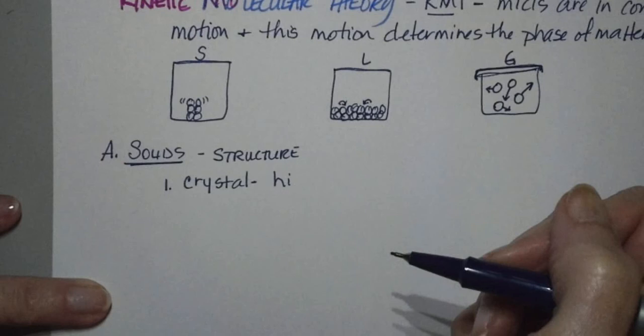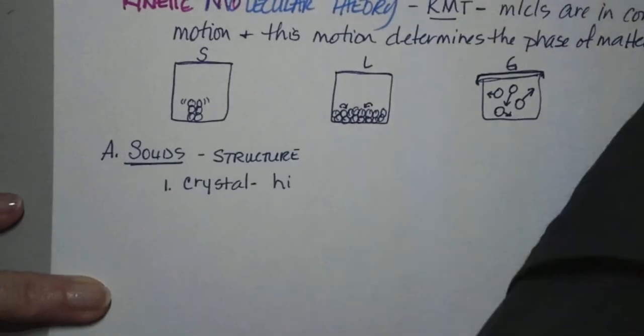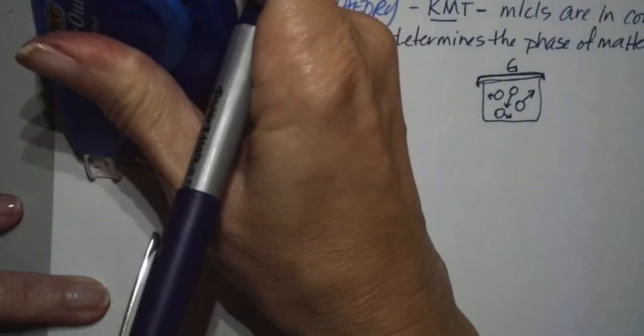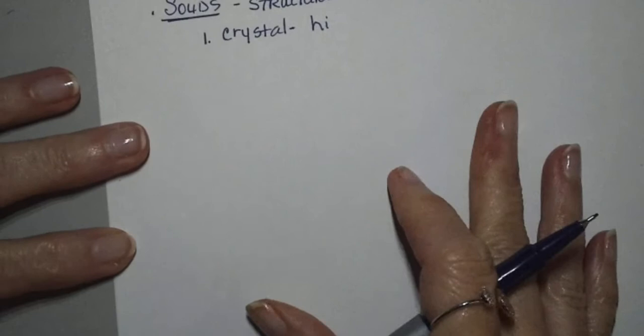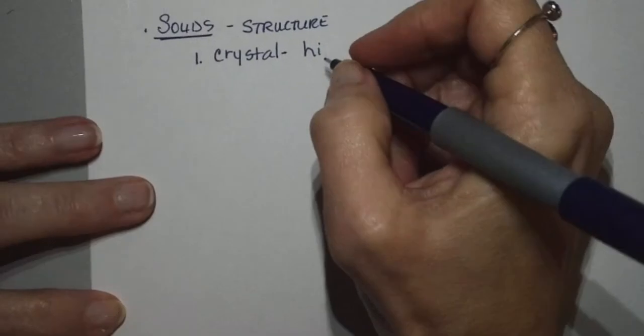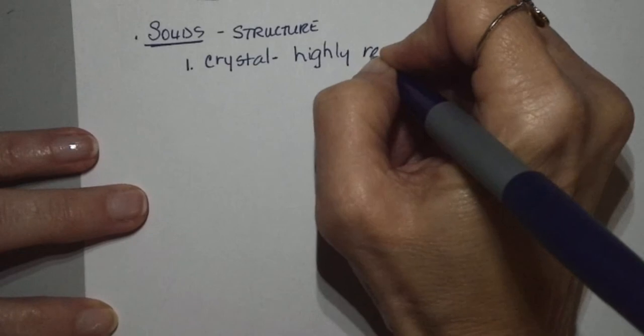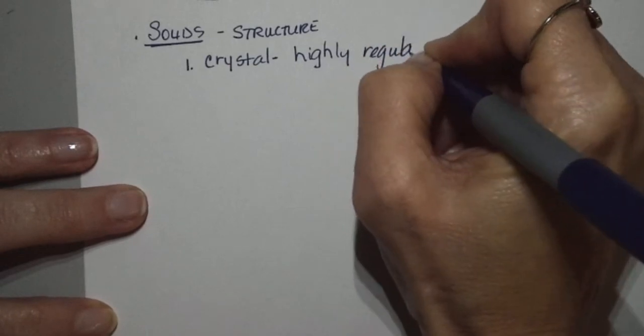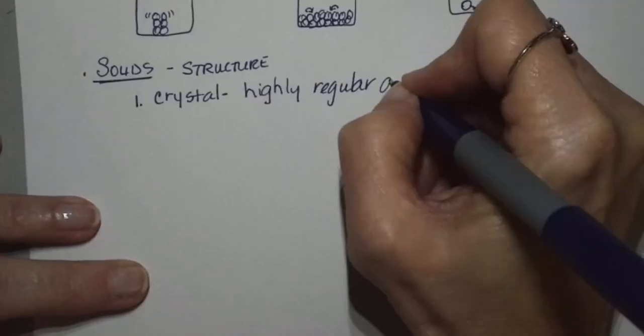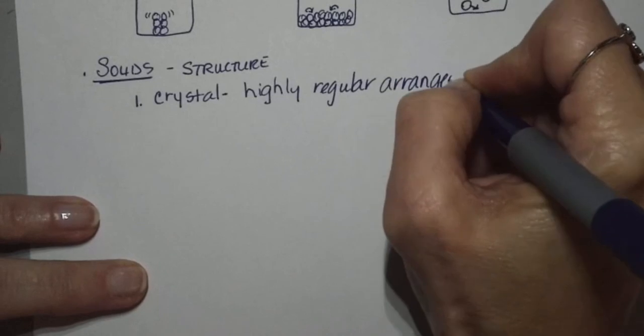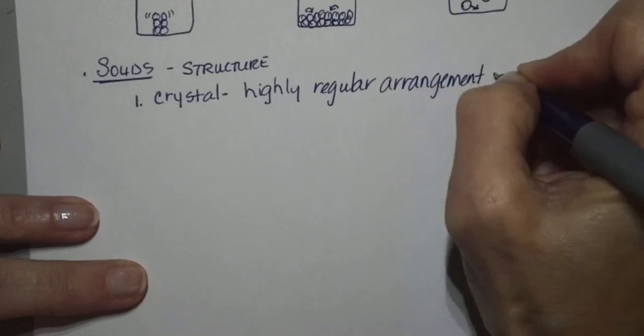Solids. Thank you. Okay. So they're highly regular arrangements of atoms slash molecules. And they typically have a repeating pattern.